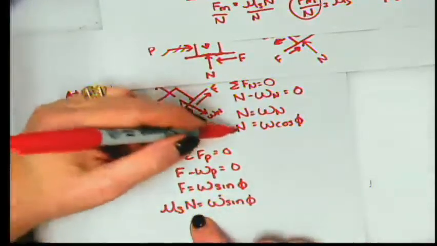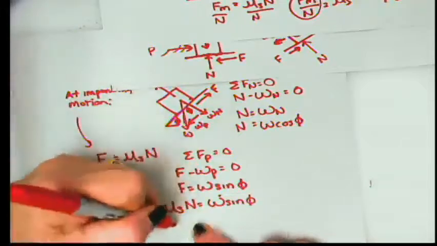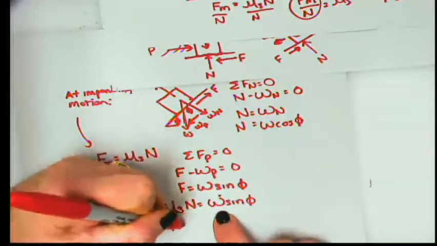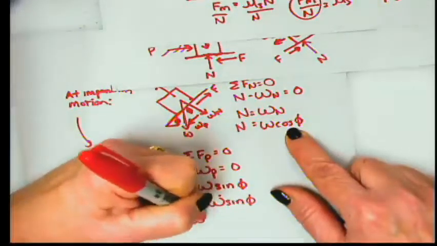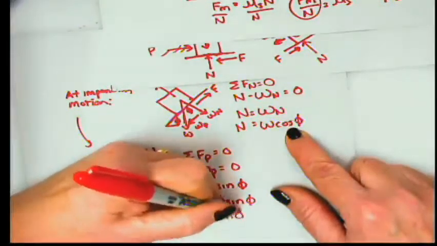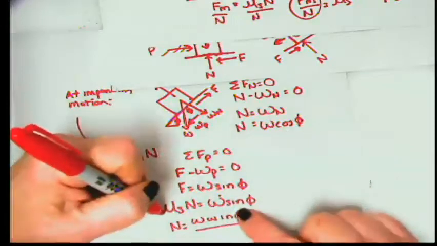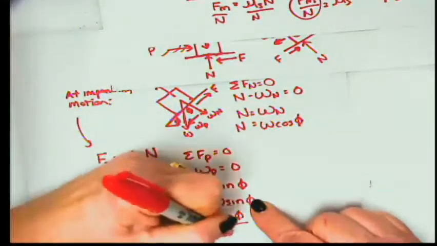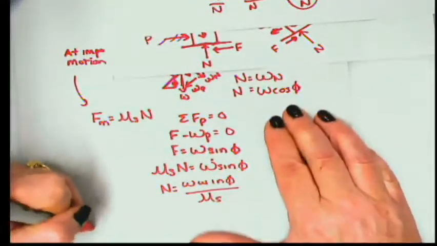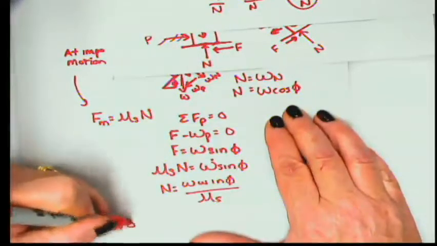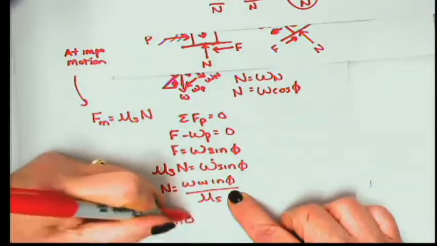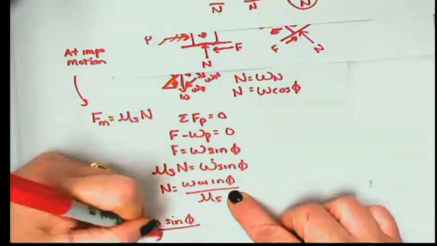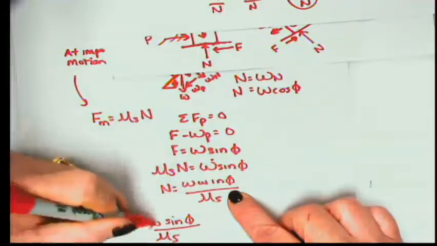All right, so the last thing we can do is to solve this for n. Since we have an expression for n up here, we can say that n is equal to w sine of phi over mu sub s. And then if we set those two things equal to each other, we can say weight times cosine of phi equals weight times the sine of phi over mu sub s. Weights cancel out.